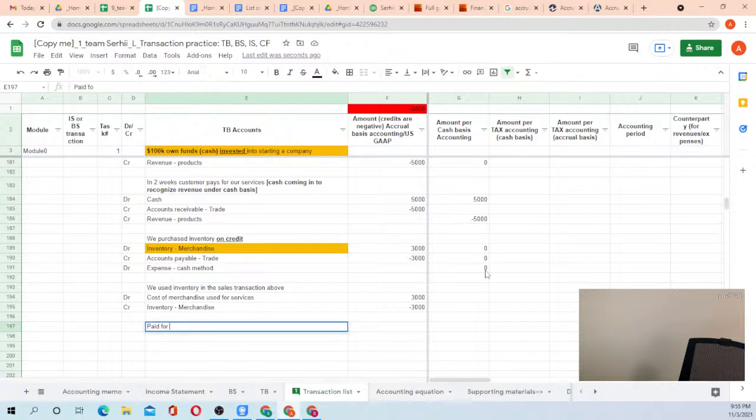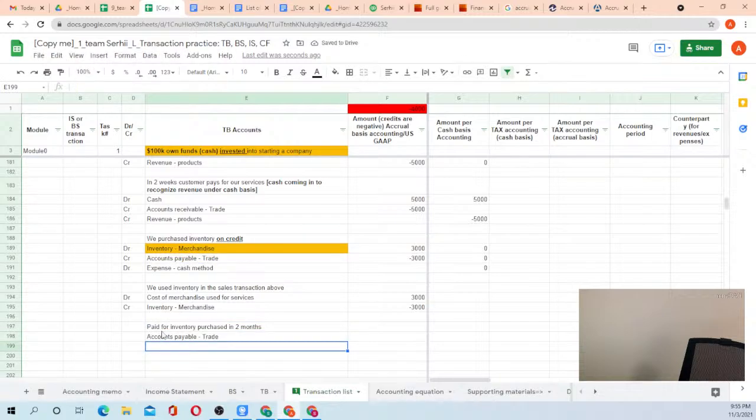Paid for inventory purchased in 2 months. So in that situation, we use an accounts payable account, which we debit, and we use the cash account, which we credit. So we paid for that.